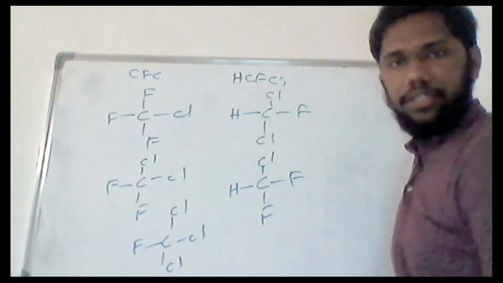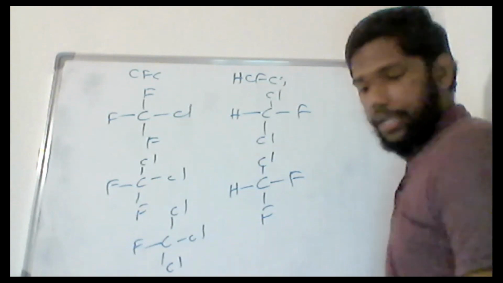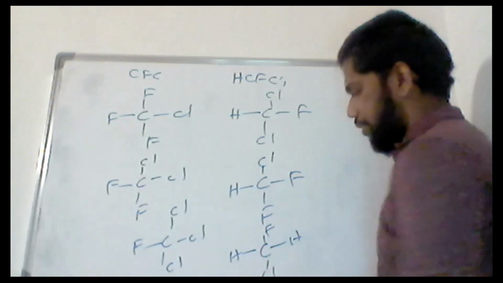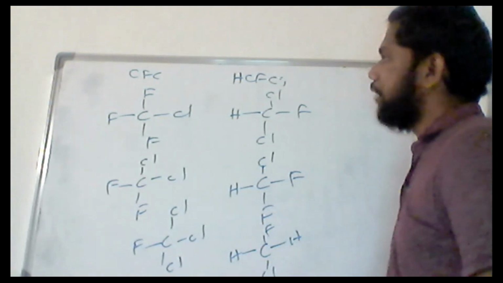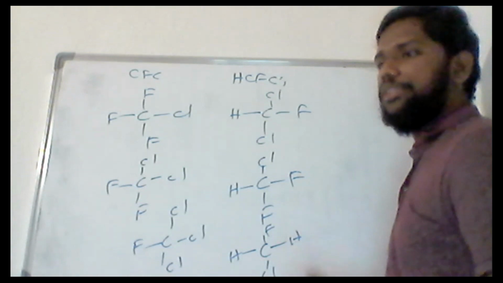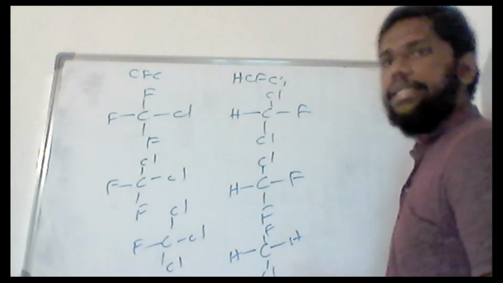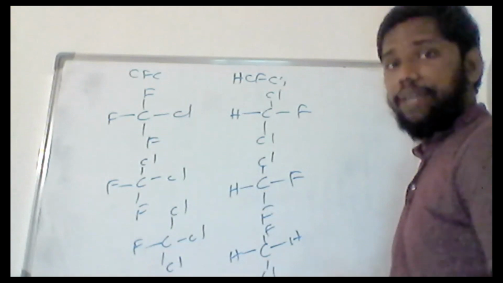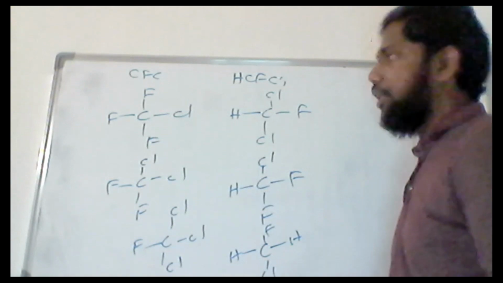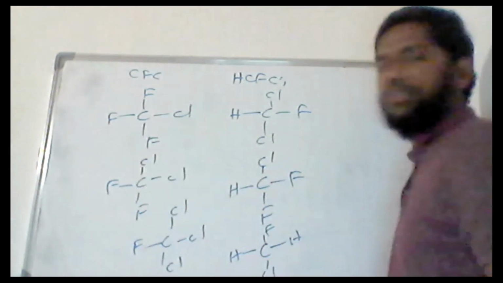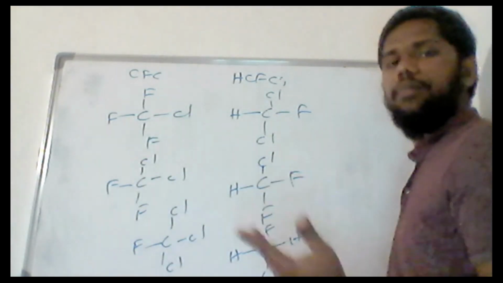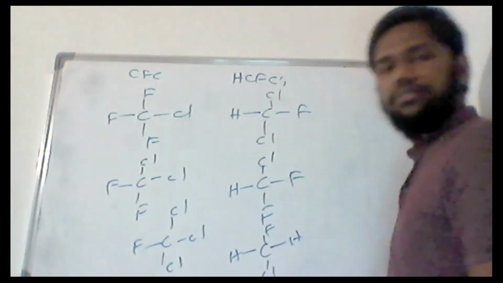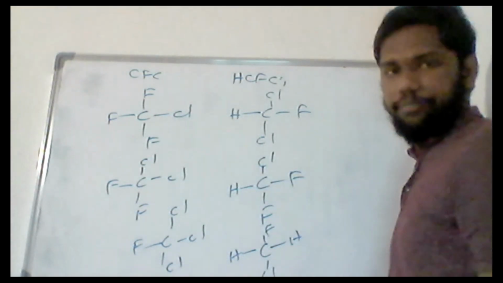You can draw another one like two hydrogen, one fluorine, and one chlorine. The idea is that the terms explained by the abbreviation, chlorofluorocarbon, should exist in the molecule: chlorine, fluorine, carbon, and hydrogen. So these different structures are acceptable.